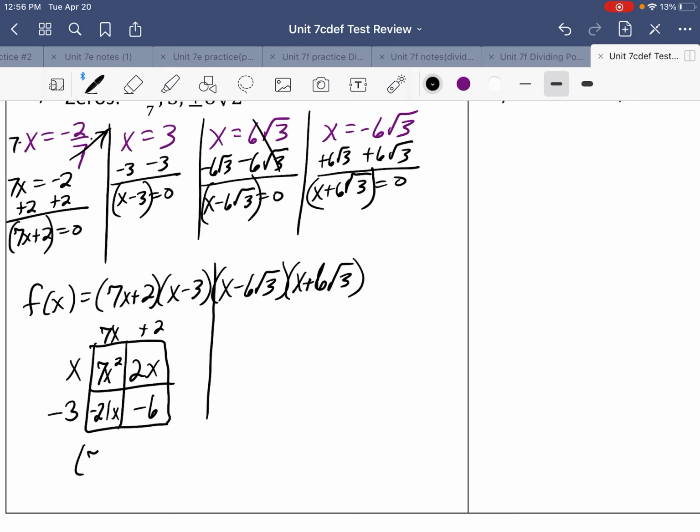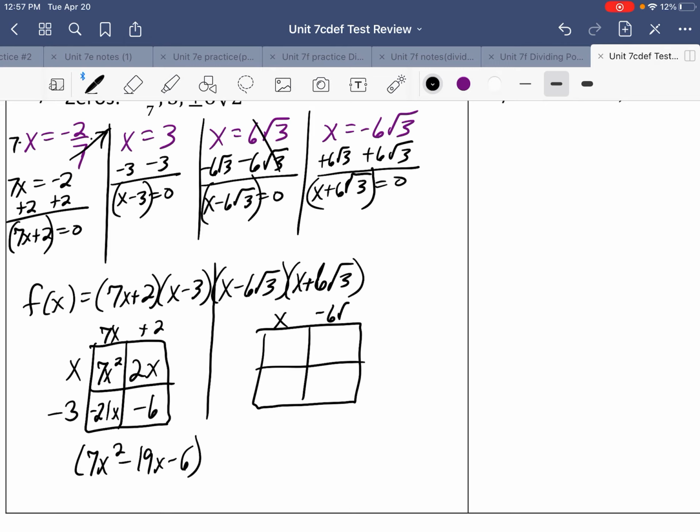So we have 7x squared minus 19x minus 6. And now we have to do the Punnett Square over here. This one's going to be a little bit more tricky, but we can get through it. I know we can.